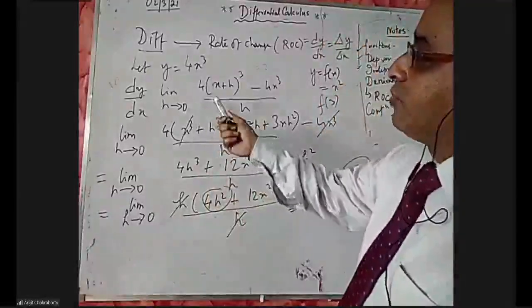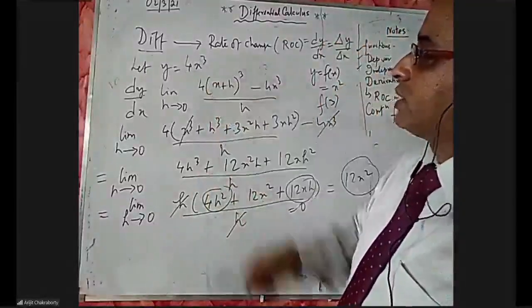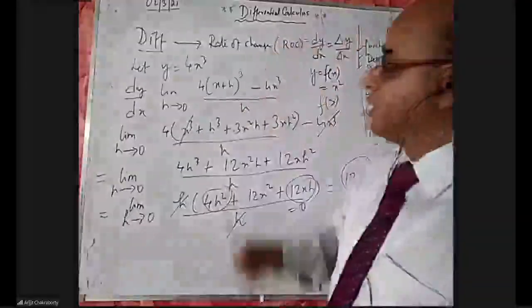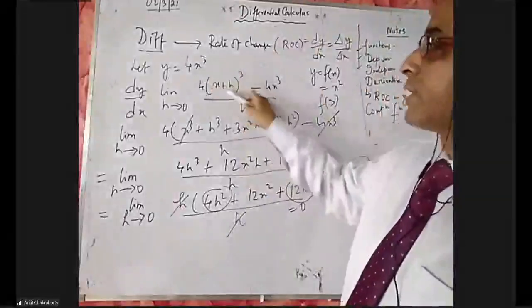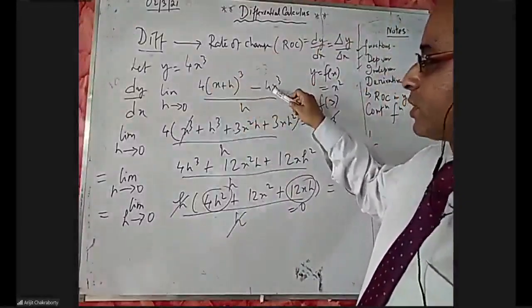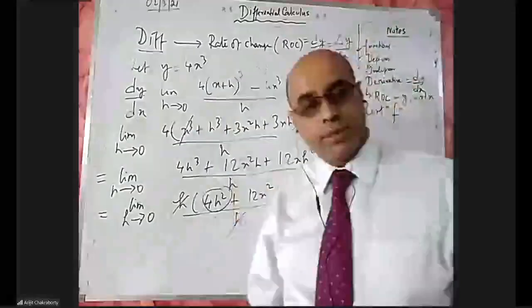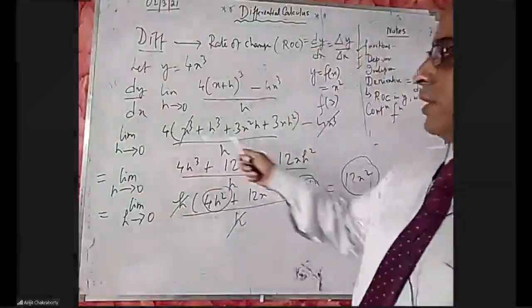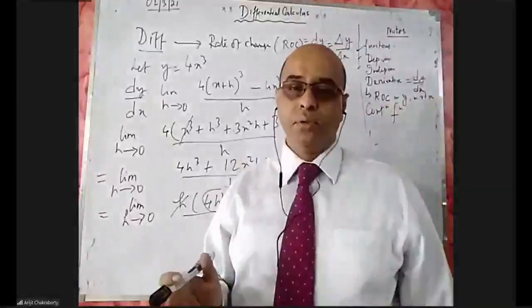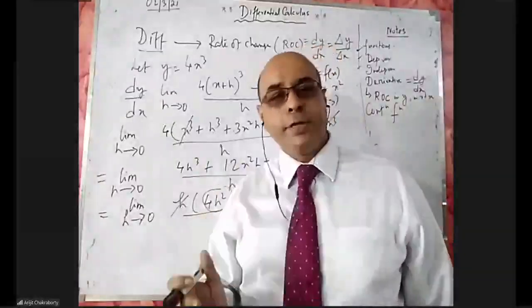Now, what we have done here is 4x cubed, but since x has increased, it has become x plus h. So instead of x, I have written x plus h whole cube minus the original expression 4x cubed, divided by h. Then we have expanded a plus b whole cube, a cube plus b cube plus 3a square b plus 3 into ab square.